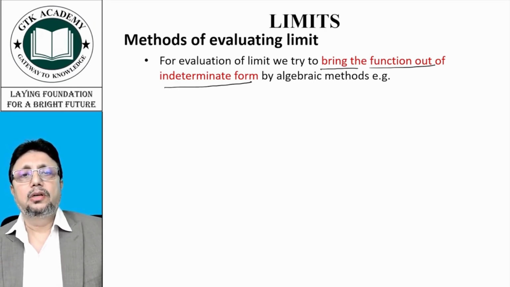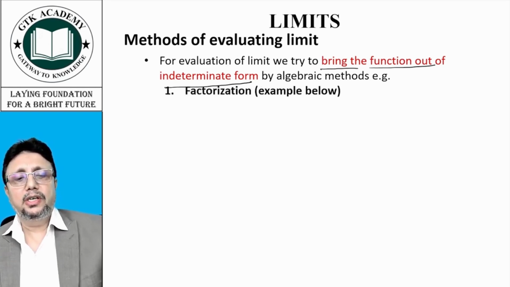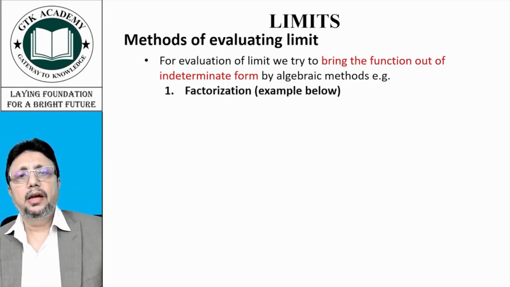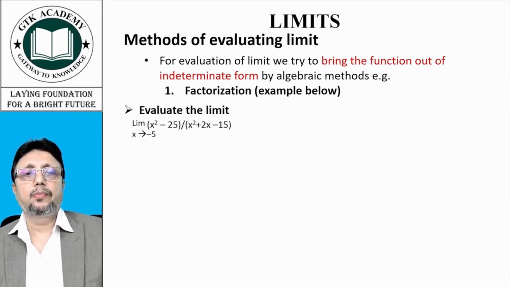Now, for example, first is factorization. In some particular forms, factorization is possible. Then we use factorization and bring the function out of this indeterminate form. For example, evaluate the limit of this function.